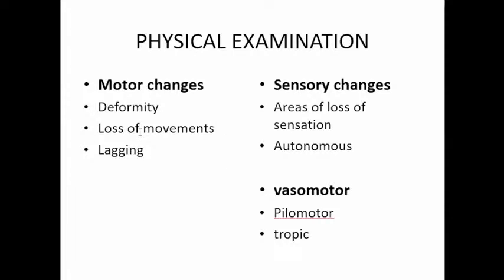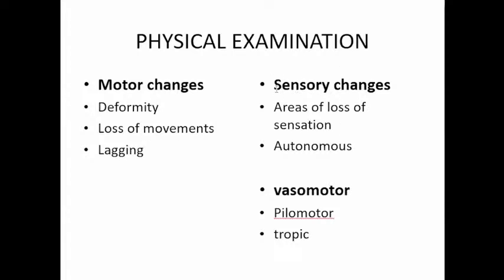Where you are suspecting nerve entrapment syndrome, you look for the motor changes. And this one is mainly by not only inspection for wasting, but also doing movement. We'll ask the patient to move the particular area involved.